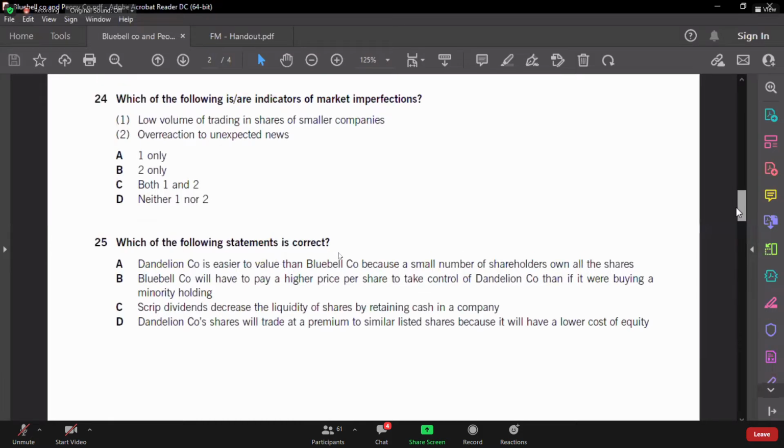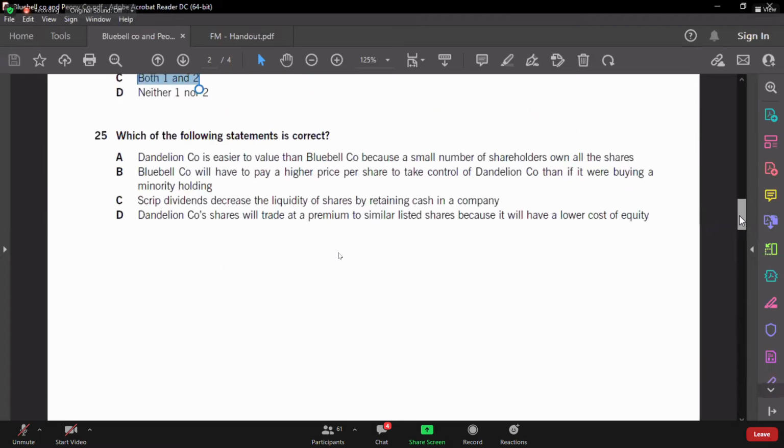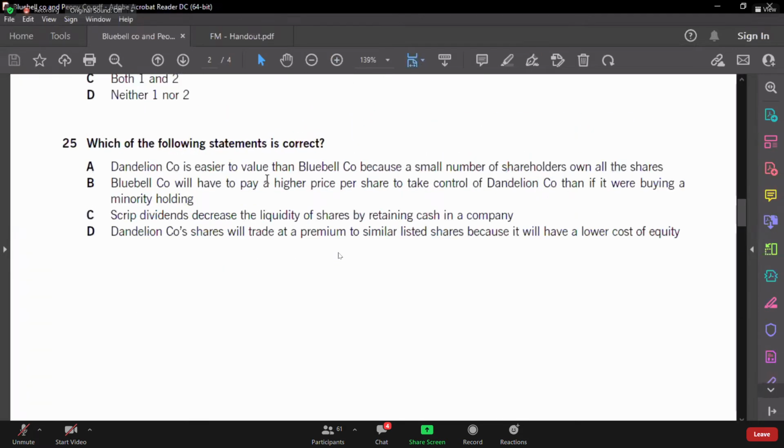Okay, so this was quite simple. Which of the following is or are indicators of market imperfection? Both 1 and 2. And your last question, tell me what is the answer? Which of the following statements is correct?